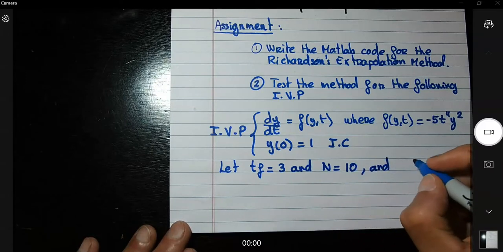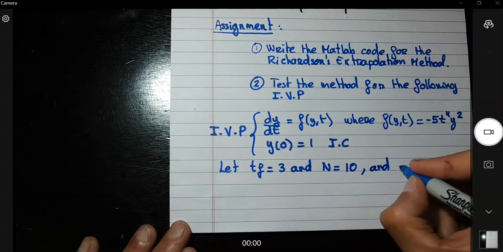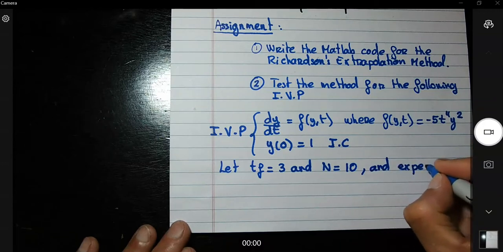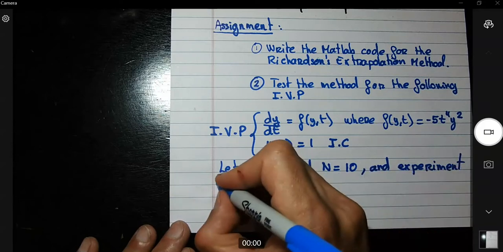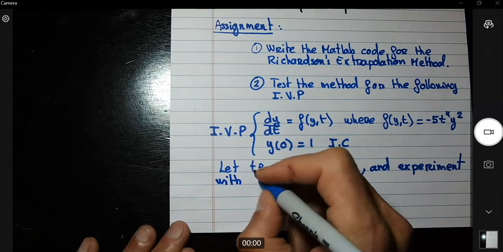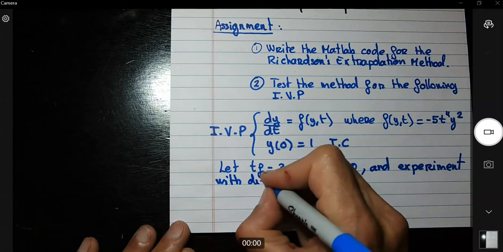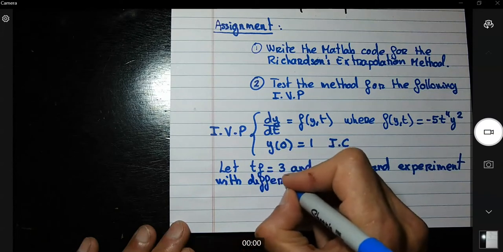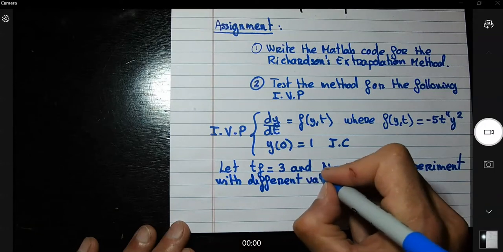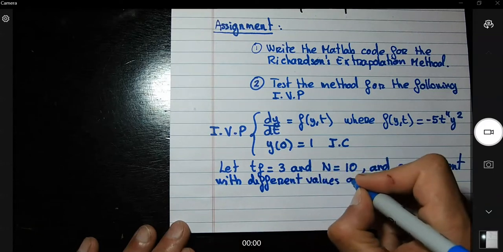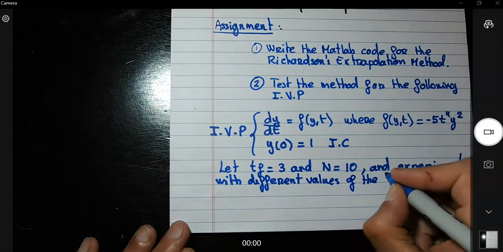And I'm going to put here: experiment with different values of the tolerance.